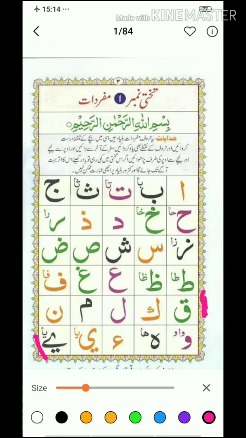So the letter we are going to read is Qaf.